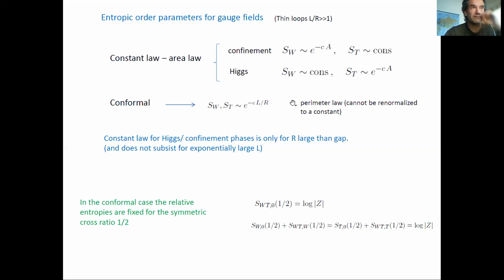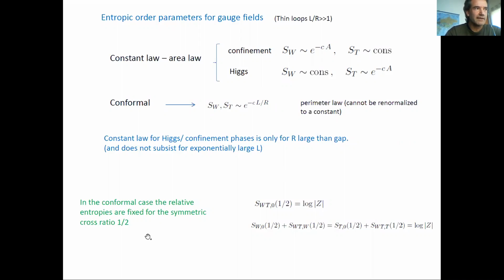So we cannot just normalize arbitrarily the operator. And then you can see that this conformal case cannot really be renormalized to a constant law. While in these cases you can, but here normalization means that you increase the width of the loop. If your ring is wide enough to cross the scale of, for example, the symmetry breaking, then the Wilson loop will go to a constant law.